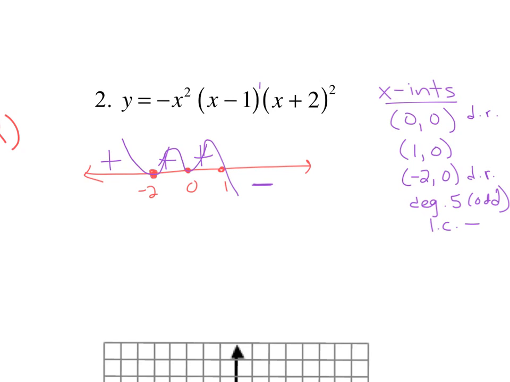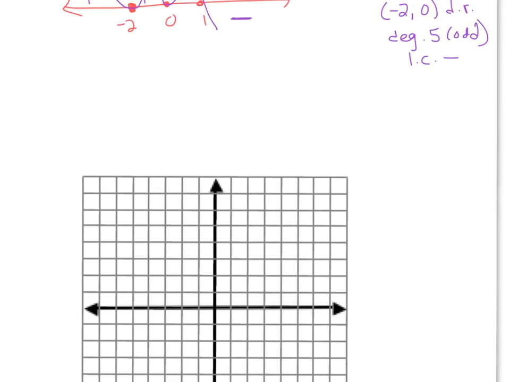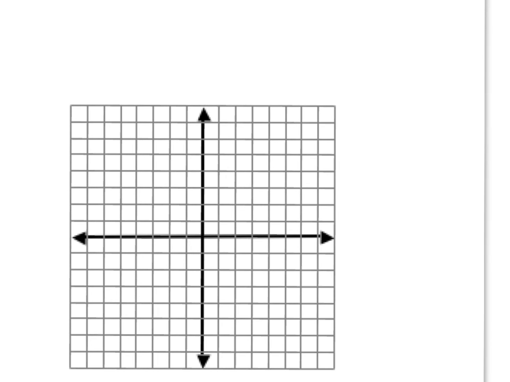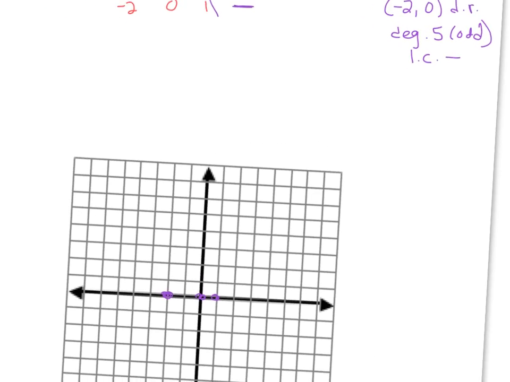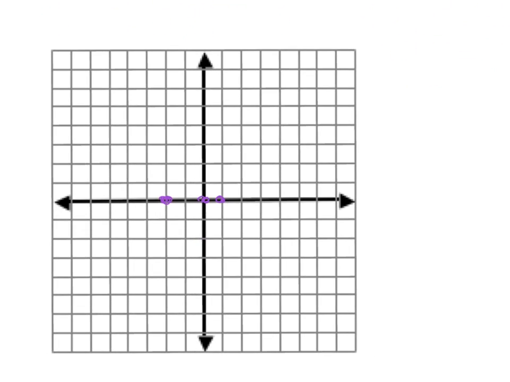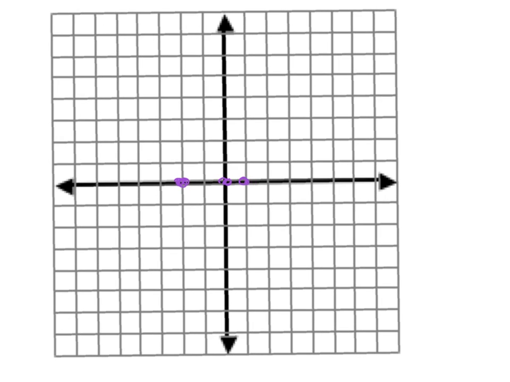So if we go ahead and put that on our graph, -2, 0, and 1. Do your best there in the center, maybe if I zoom in a little bit. So let's see. We have above, then we drop below.